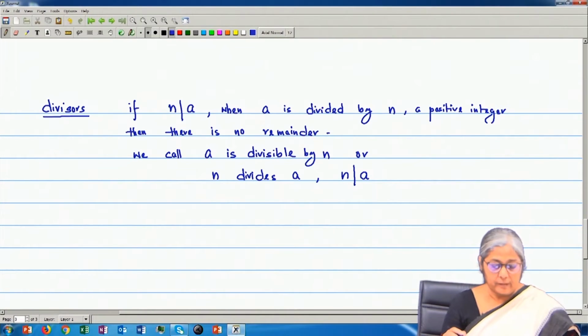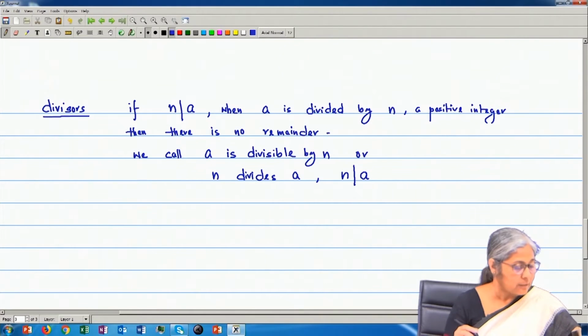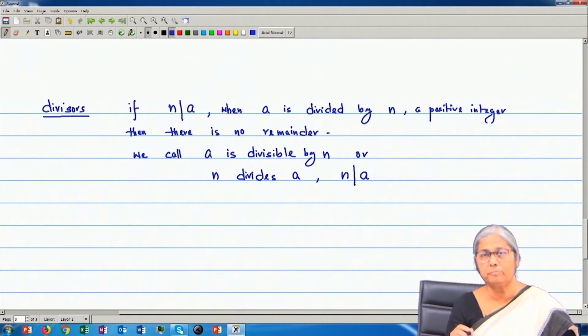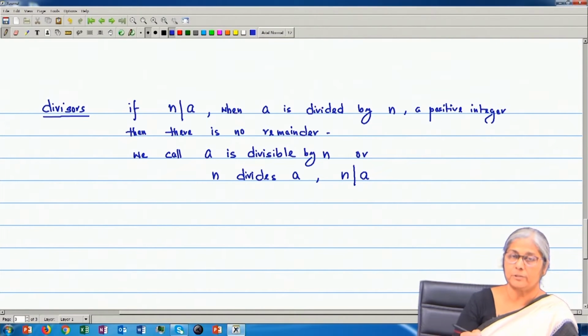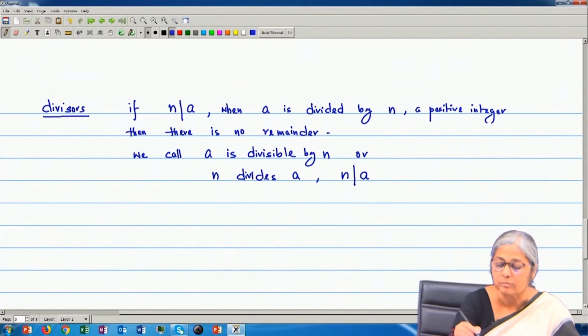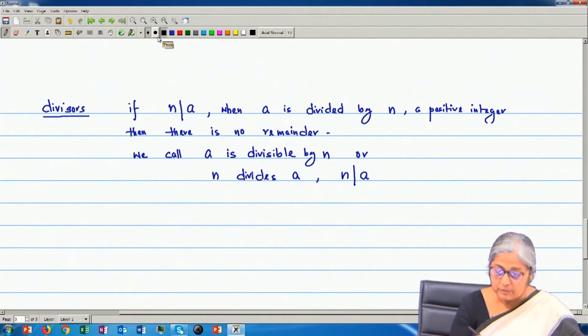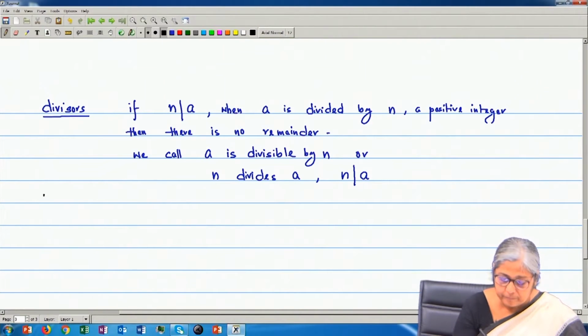So, the divisors have some properties, though they are very primitive, we require them for explaining the different properties of a modulo n. So, we quickly write some of the properties of divisors.